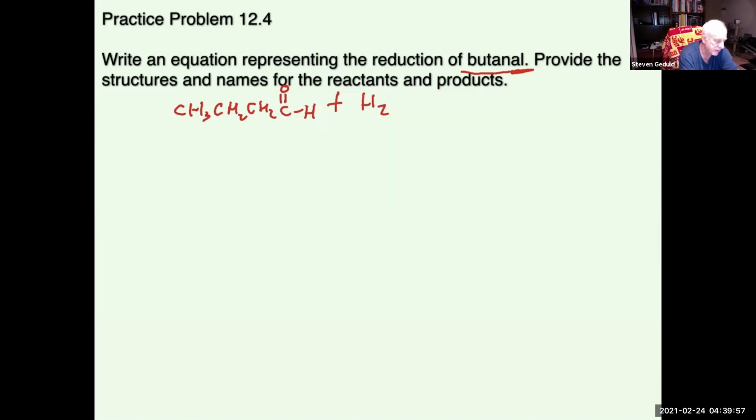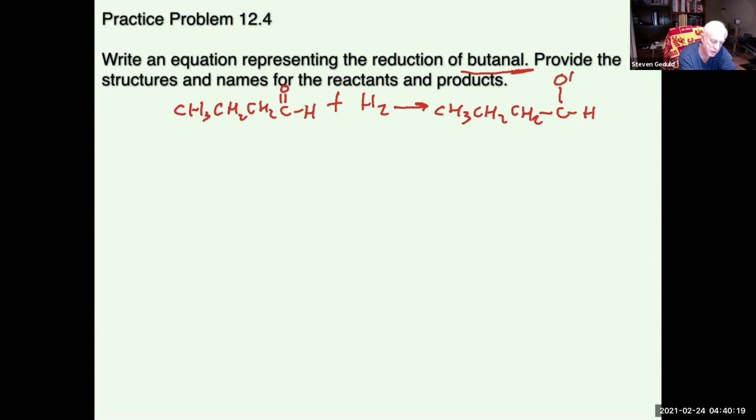Okay, goes to, let's open our bond up. Let's just go CH3, CH2, CH2, CH, and we're opening up this bond right here. Now that bond's a single bond, and to both sides of that, where the double bond was, we're going to add hydrogen.